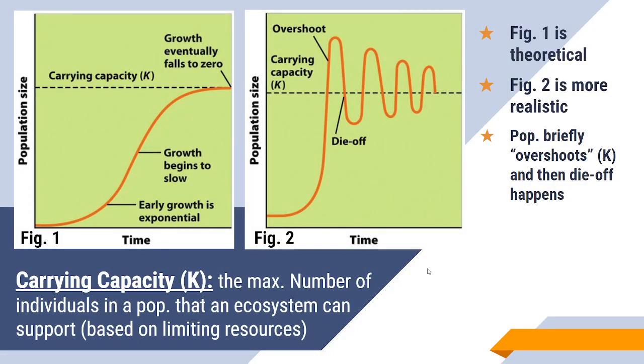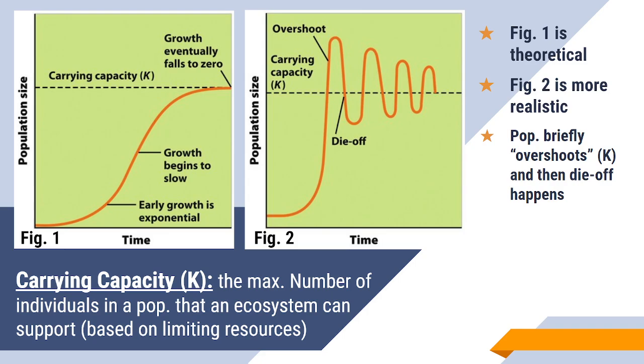Species reach a carrying capacity, meaning the maximum number of individuals that can be supported. So you have limited resources in that environment, and those resources within that habitat will basically say this is how many organisms can survive here.